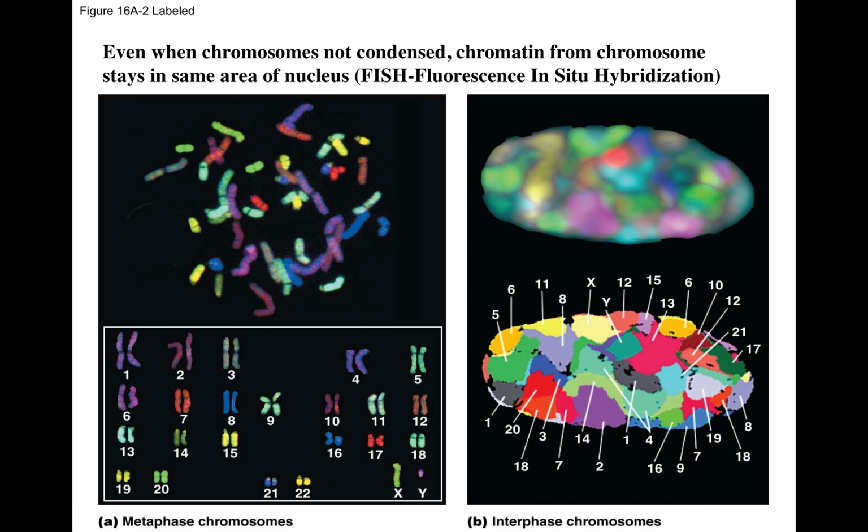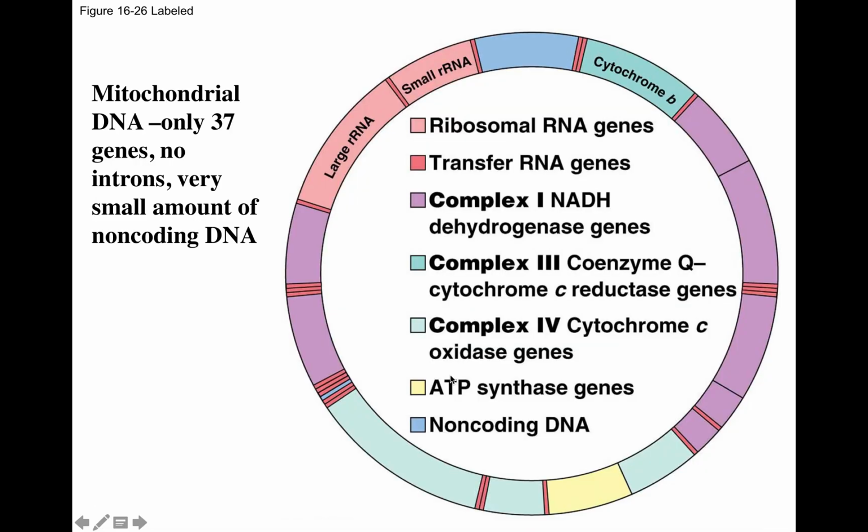You know what sequences are present on, say, chromosome 5, and then you put that on a tag that is this color green, and then you see every place where chromosome 5 is with that color green. FISH can be more precise than this too. Like if you're looking for a particular gene on a chromosome, you can get a band of the chromosome lining up.